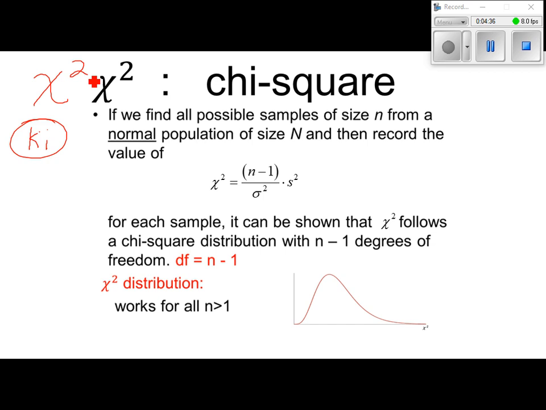If we find all possible samples of size n, which we can't really do, but if we could, from a normal population where the population is the capital N, remember that's the number in the whole population, and then record the value, it comes out using this formula for each sample.